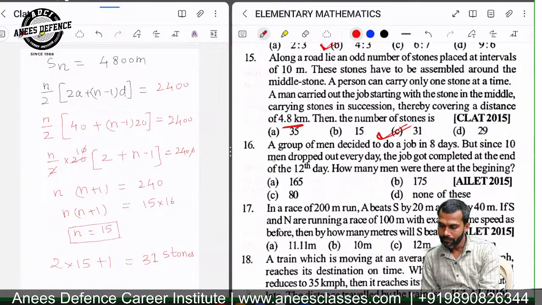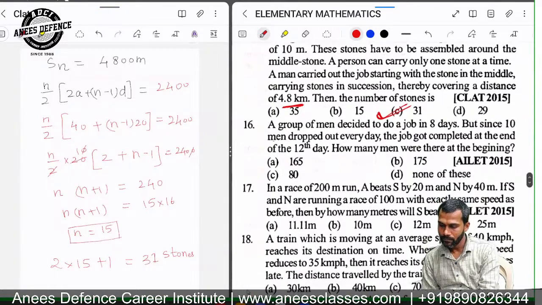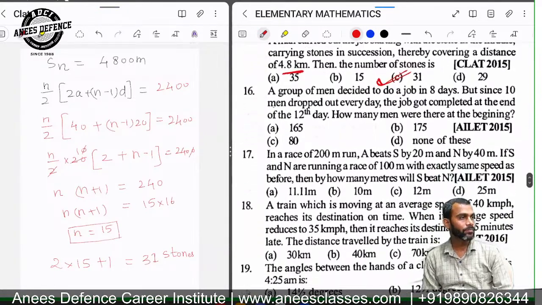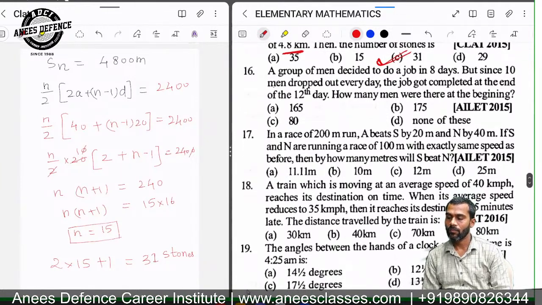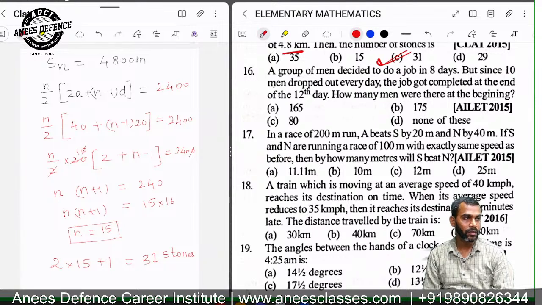Please try question number 16. Assume that the number of men needed be x.